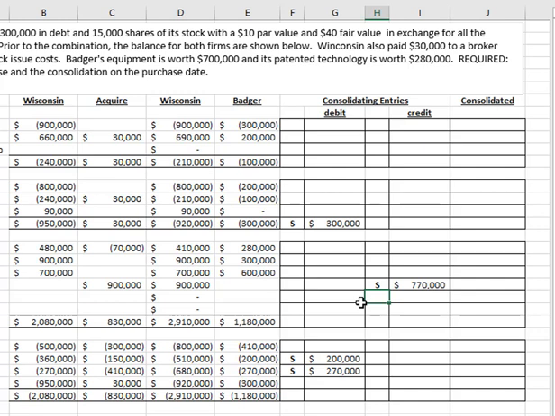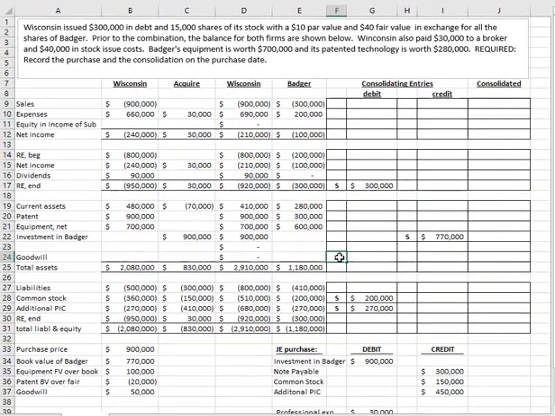Now let's remove the excess of fair value over book value. So that's the A entry. All right, so for the patent, we actually have to reduce it. For the equipment, we're going to increase it. We're going to put the goodwill in there, and then the net of all of those will be to the investment account.